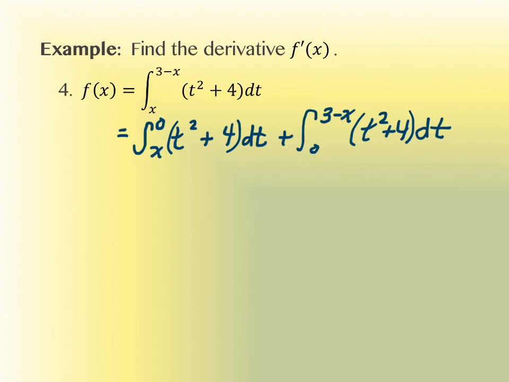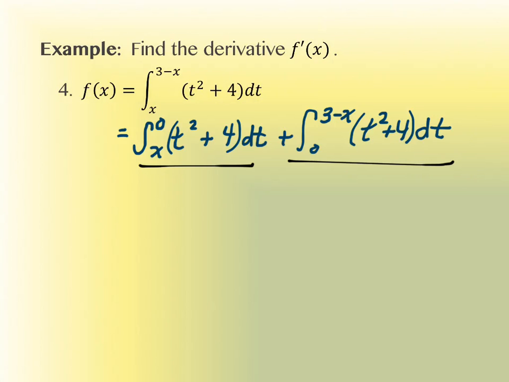Okay, so the second integral actually looks a lot like the last problem. It doesn't have sine x in the top part, but I'm going to be able to take the 3 minus x and stuff it in for the t, and then take the derivative of that piece.